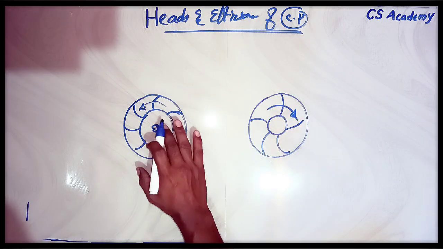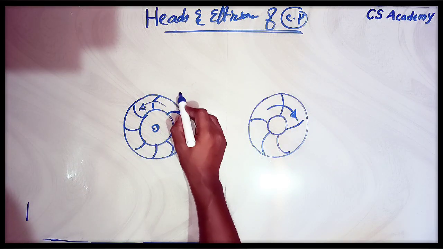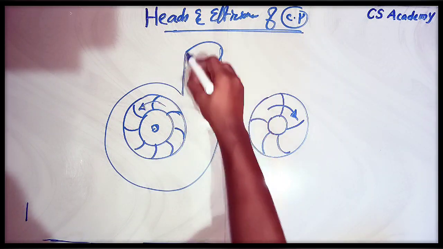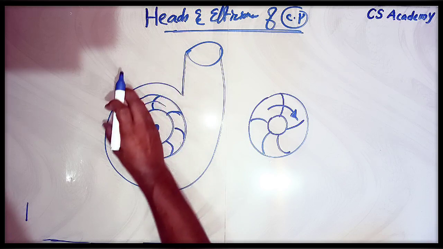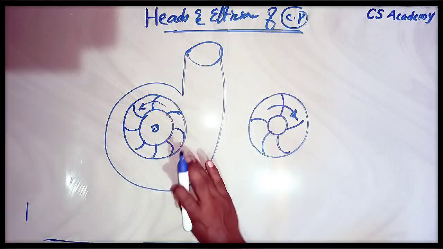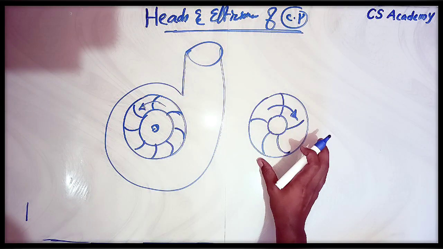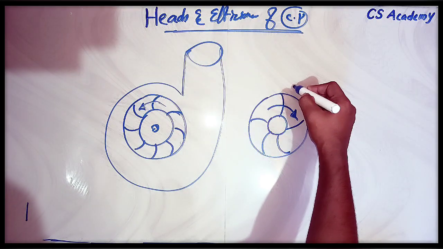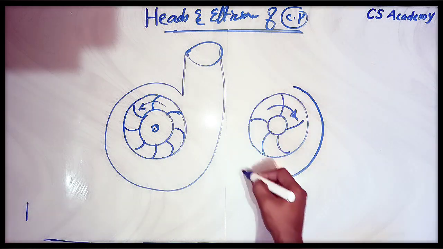If you see for this impeller, the diagram will be like this. That means the cross section of this casing should be increasing in area. Because of this rotation, the cross section will be varying like this.